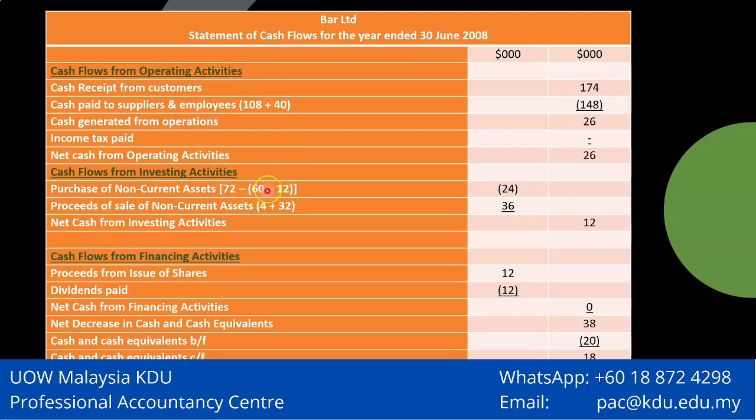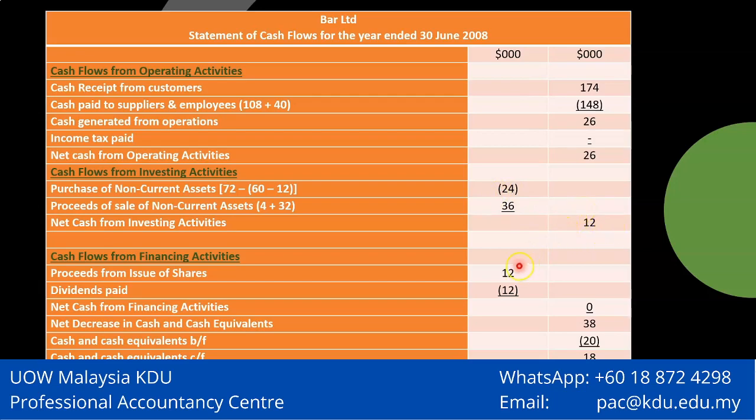So this is 2007's opening balance, but I minus out 12 because this is what I sold. Then I will be able to work out the purchase of my non-current asset. Notice it's a negative because it's obviously outflow. Money coming in from the sale of my equipment and my land, I added it up and it's a positive. So overall, I get positive inflow from investing activities.